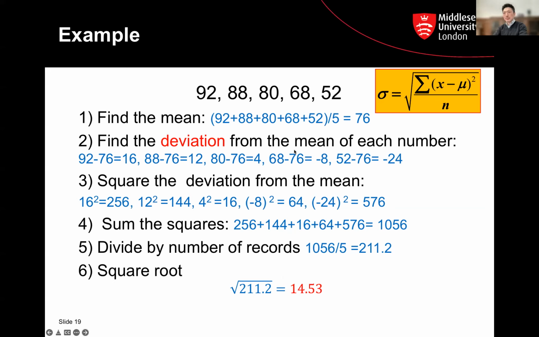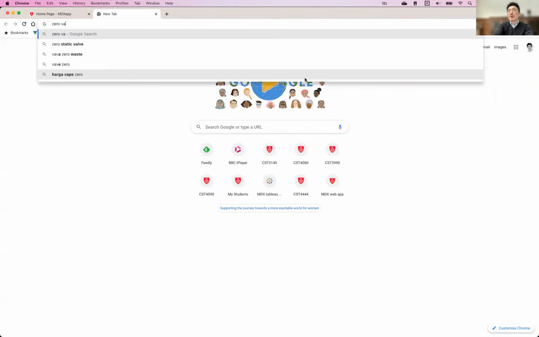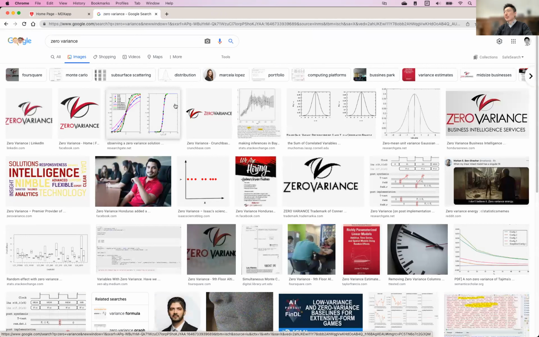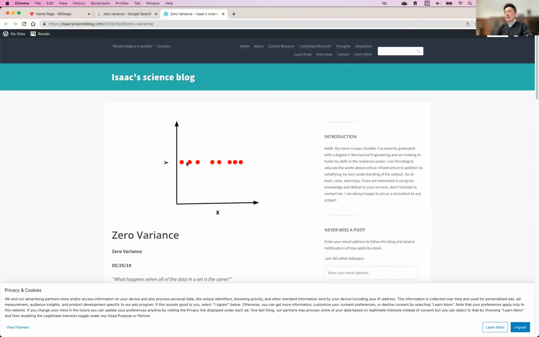Okay, let me see if I can find an example. This is maybe not the best example, but you can see in this particular case, if we look at the variance along the y-axis, it's 0, because all the points have exactly the same y value, which is also equal to the mean or average.